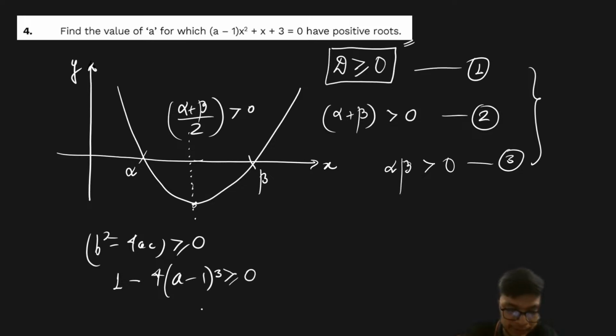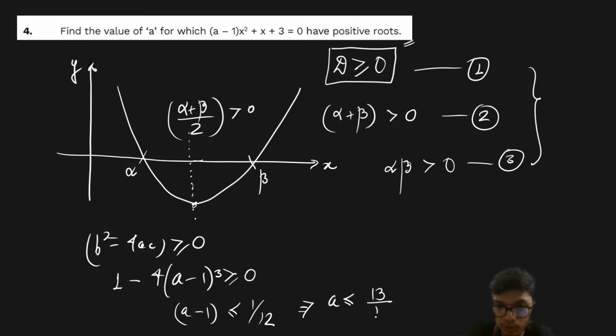This gives a minus 1 less than or equal to 1 upon 12, so a should be less than or equal to 13 by 12. That's for the first condition.